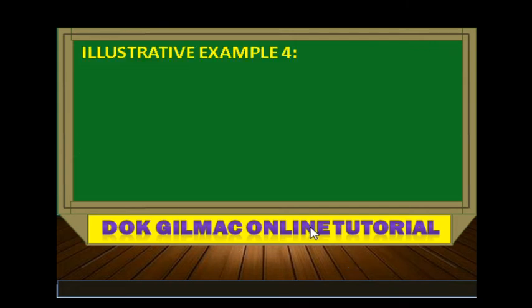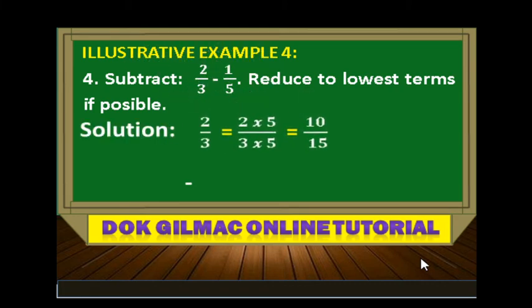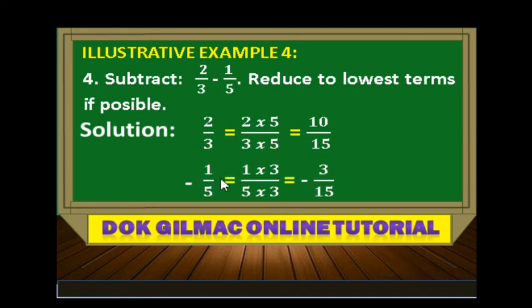Let's have illustrative example number 4. Subtract 2/3 minus 1/5, reduce to lowest terms if possible. 2/3 is simply equal to 10 over 15 and 1/5 is just equal to 3 over 15.